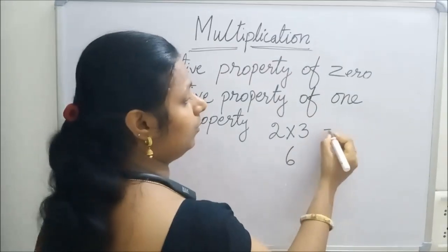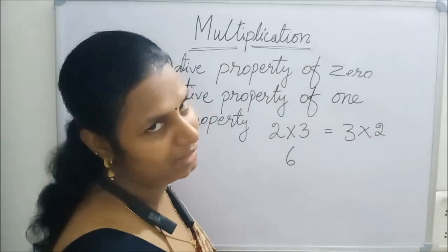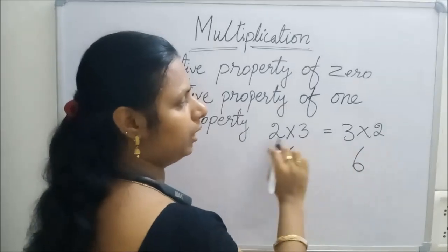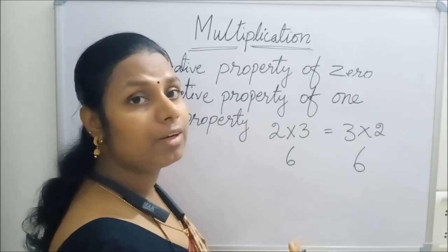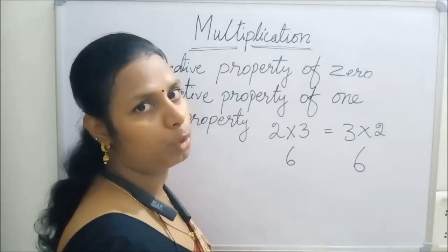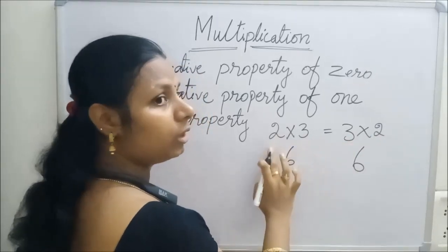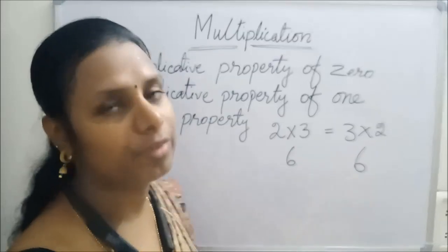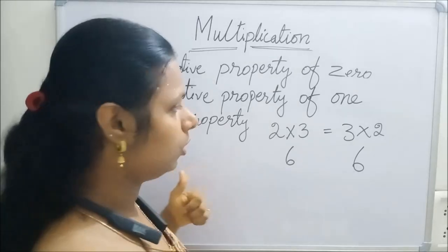The same time, when you have 3 multiplied by 2, 3 2s are 6. So, when you change the order of the number, there will be no difference in the answer. There will be no difference in the product. When you change the order of the number, ये order को इधर से इधर change करने से उसका answer में कोई फर्क नहीं पड़ने वाला. This is called order property. Okay.